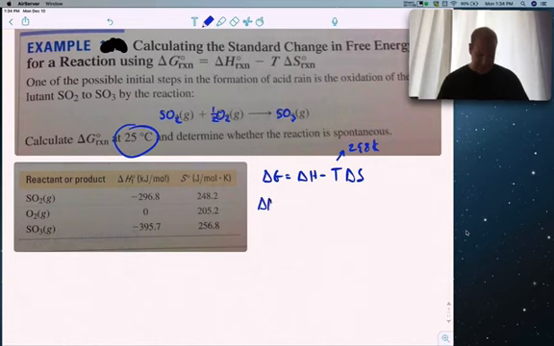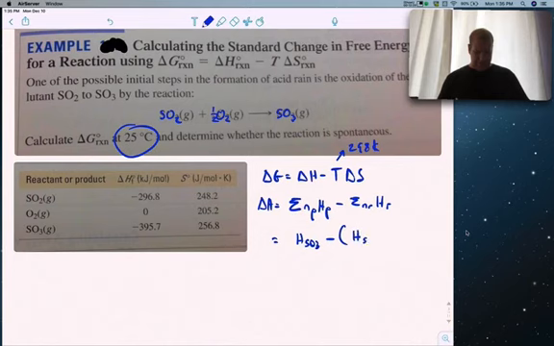So delta H is going to be the sum of n times delta H of the products, minus the sum of n times delta H of the reactants. So the products are delta H of SO3 minus the quantity delta H of SO2 plus delta H of O2.